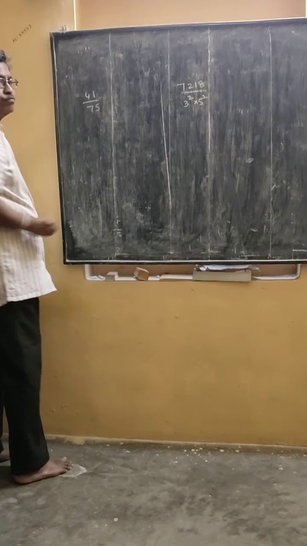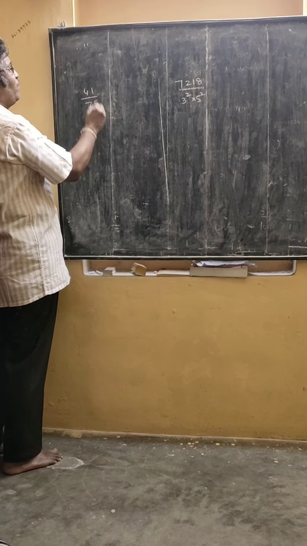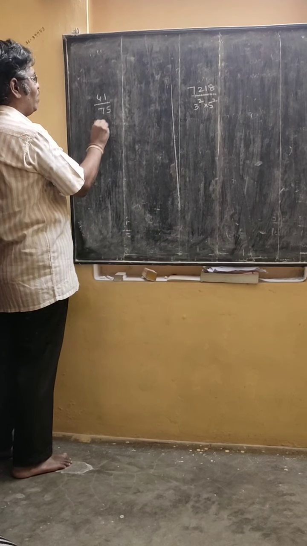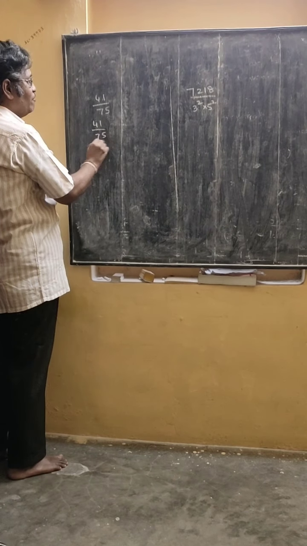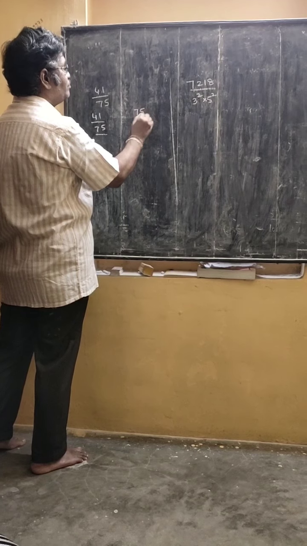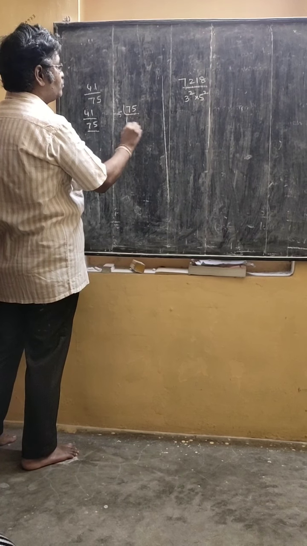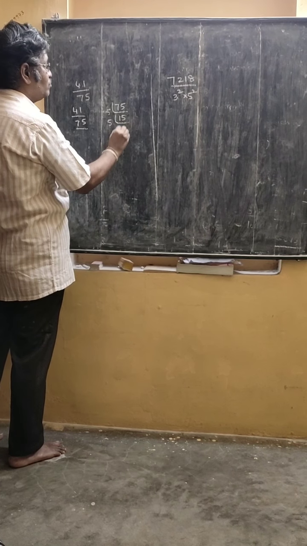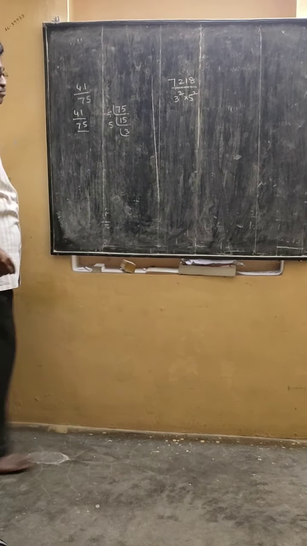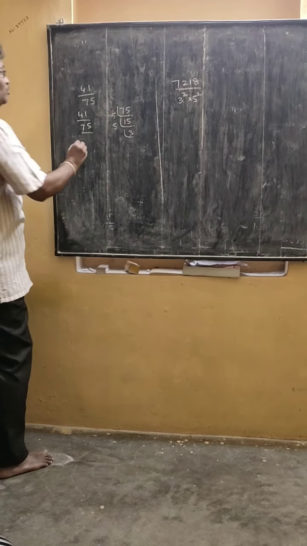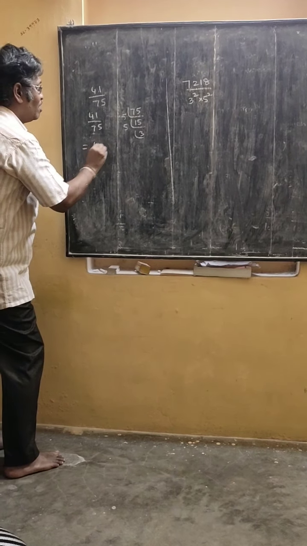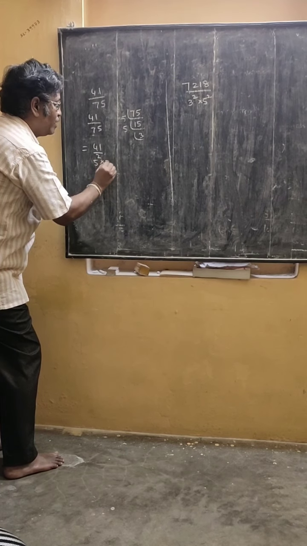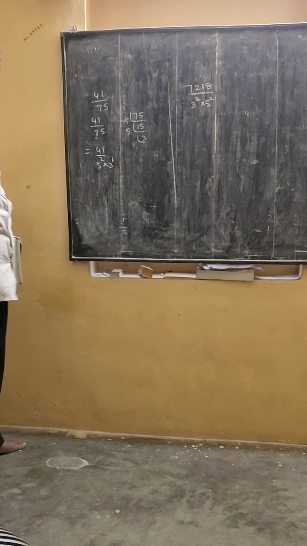So p by q, 41 by 75, co-prime. Let us see the 41 by 75. Factorize the 75. 5 15s are 75, 5 3s are 15. So 75 can be written as 5 square into 3 power 1.